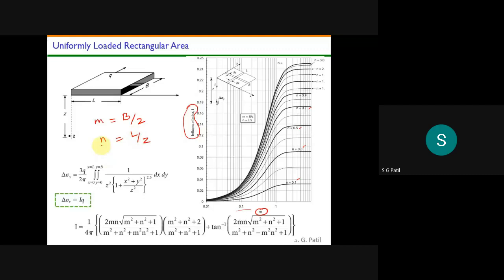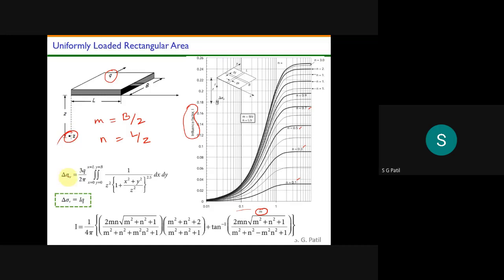Once you get the m and n value, I can refer to this chart, pick this influence factor, and multiply with that q value, whatever loading intensity is there. That will give me the stress increase at a corner point.